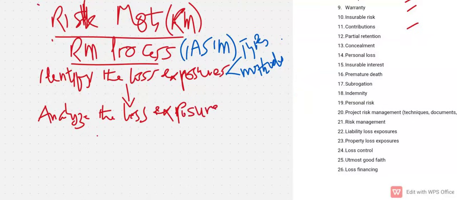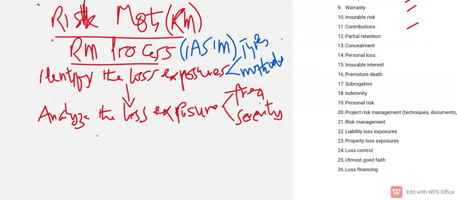When you are analyzing the loss exposure, you analyze the frequency and the severity.